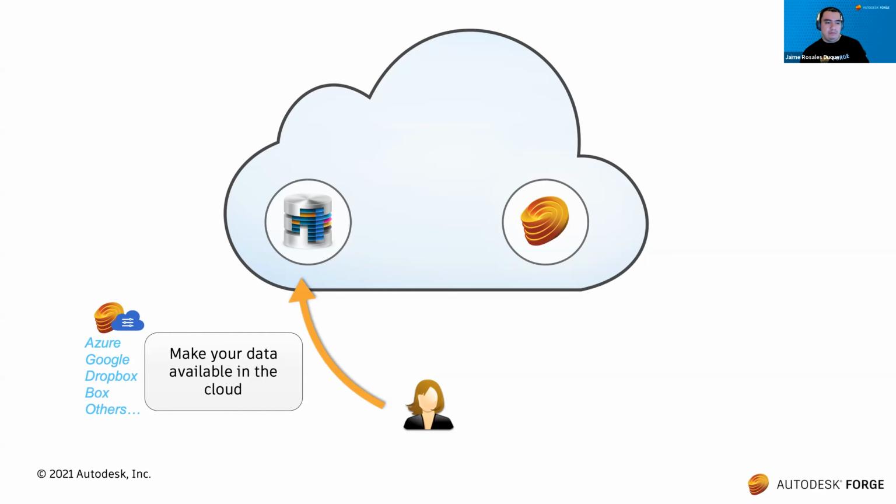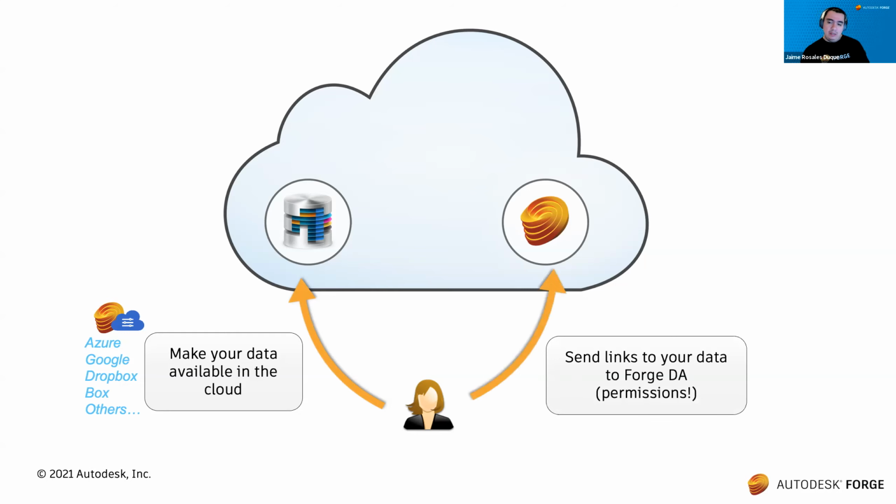If you feel more comfortable with any of those, as long as you can store the data and make it available, that's one way to do it, okay? We will be using pre-signed URLs later on to set up those permissions for Design Automation, so we will be sending links to this data to be sent over to the cloud.